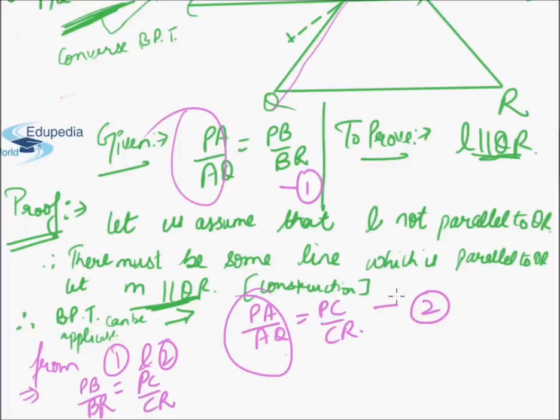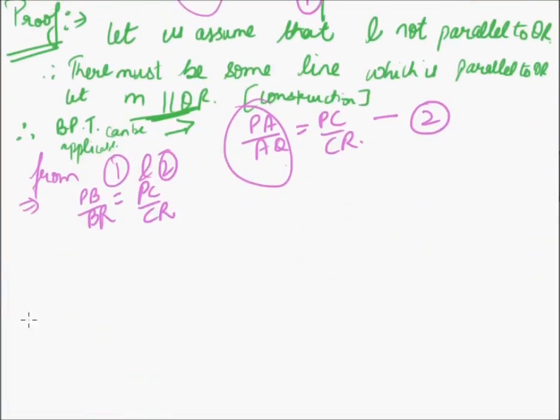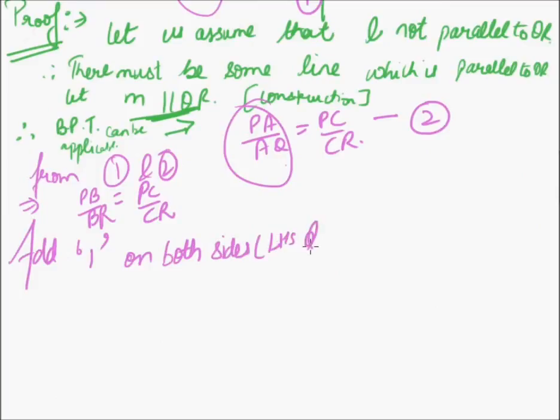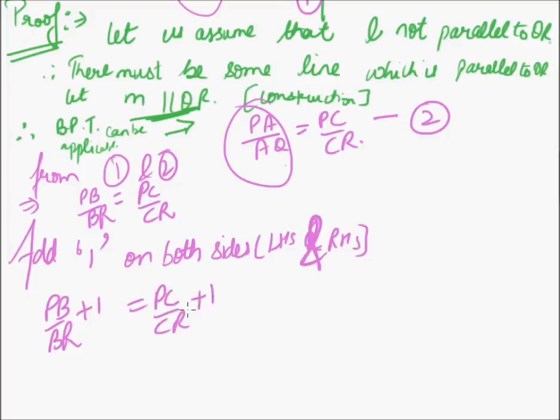Now add 1, that is unity, on both sides, left hand side as well as right hand side. So it will give us PB over BR plus 1 equals PC over CR plus 1.